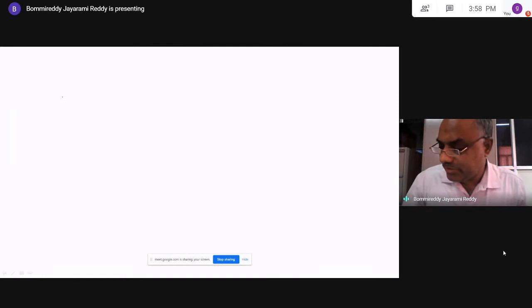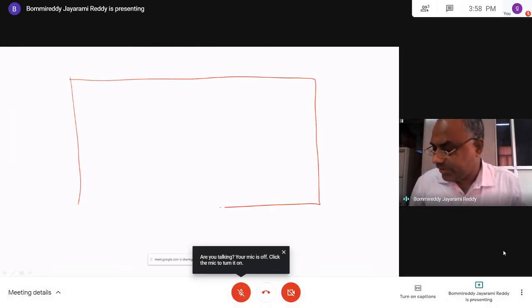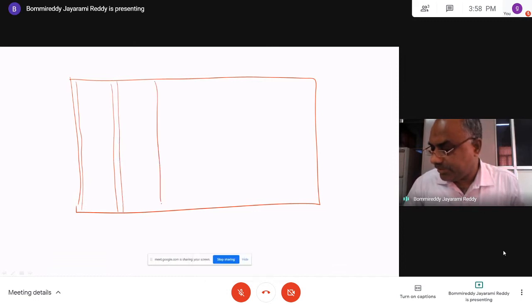So you can just look at here. This is the overall size of the hall, and this is one beam, then another beam. These are the beams that are provided in a hall.